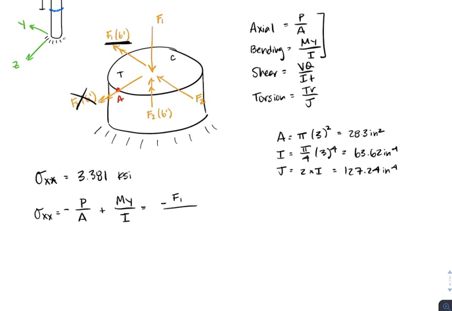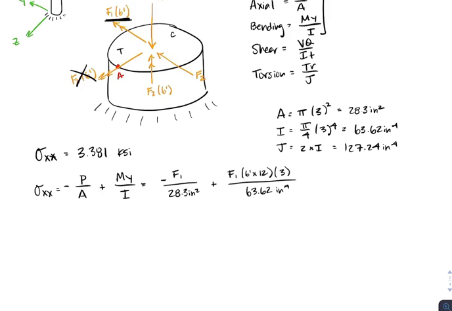Okay, so now going back to our normal stresses. That's F1 over our area, which is 28.3 inches squared. And then we have plus our moment, which in this case is F1 times 6 feet. Let's convert that into inches, so times 12. Times our Y value, which in this case is just our radius, so that's times 3 inches, over our I value, which is 63.62 inches to the 4th.